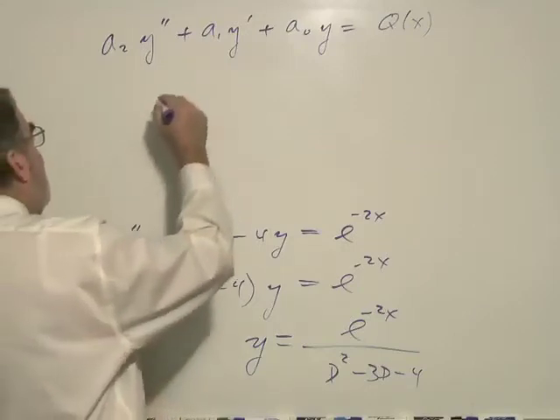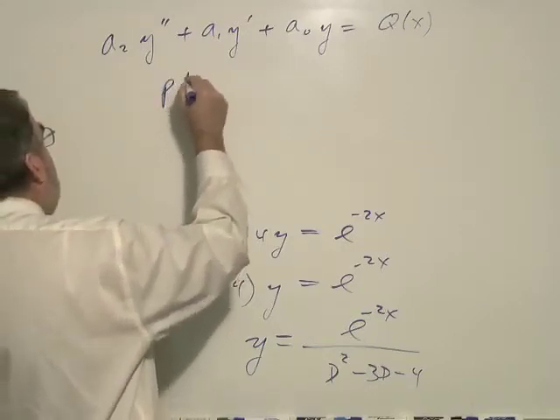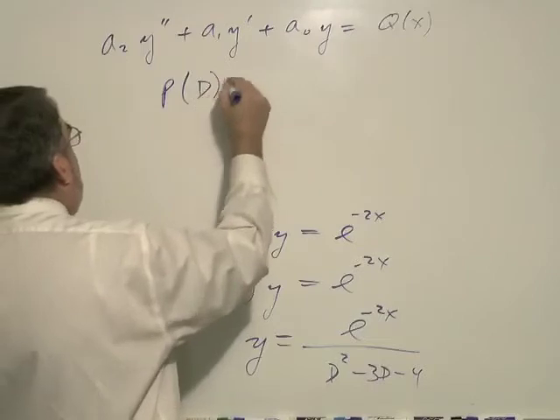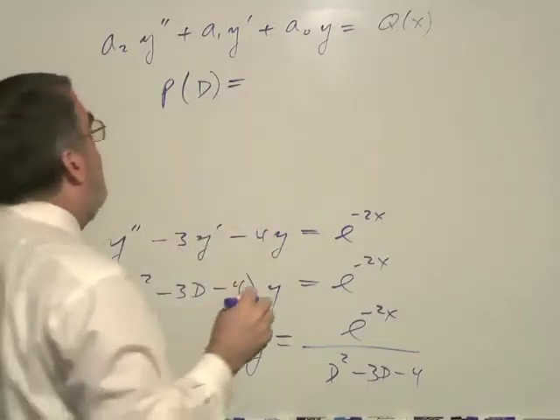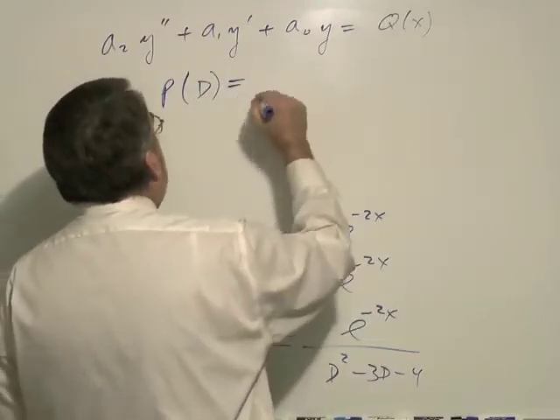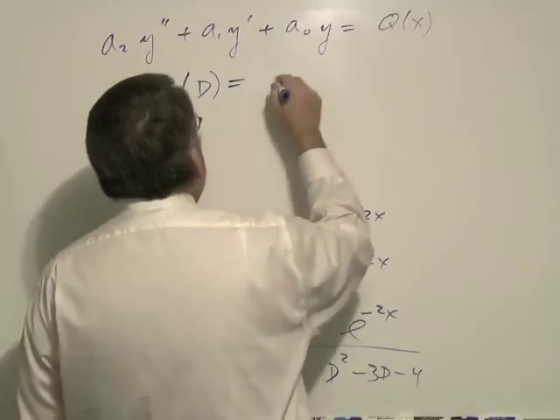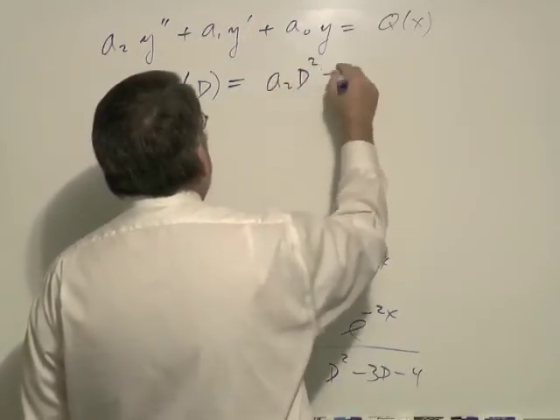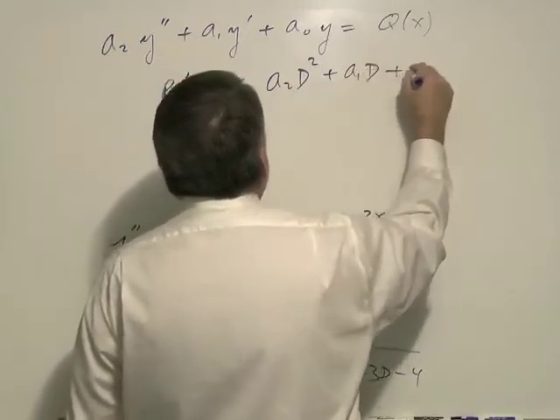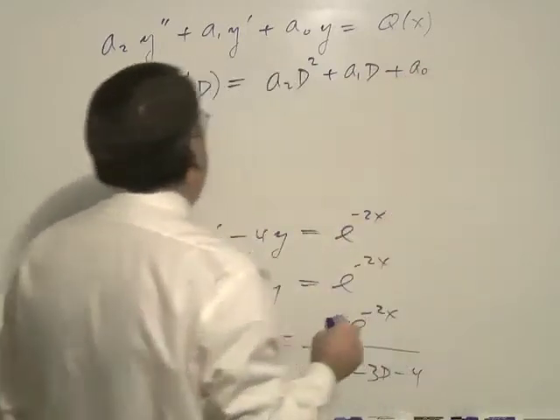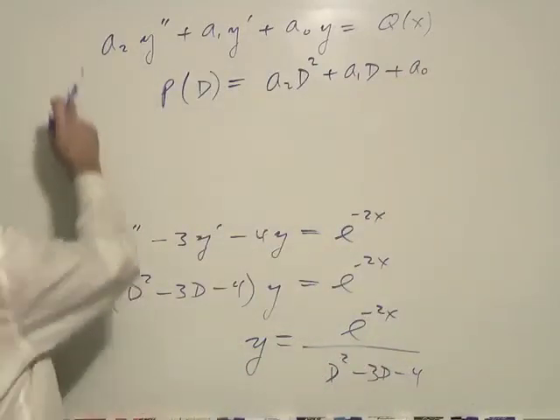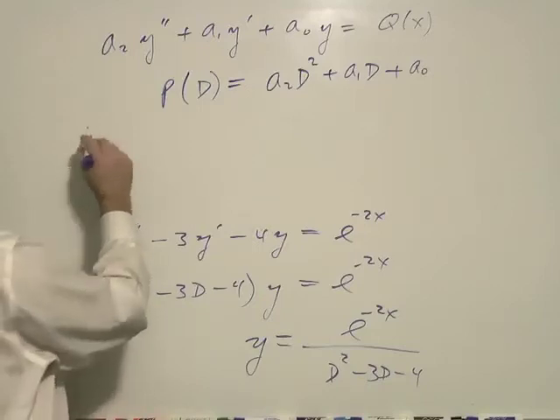If I let P of D be the polynomial operator, a2 D squared plus a1 D plus a0, then I can rewrite this equation in this fashion.